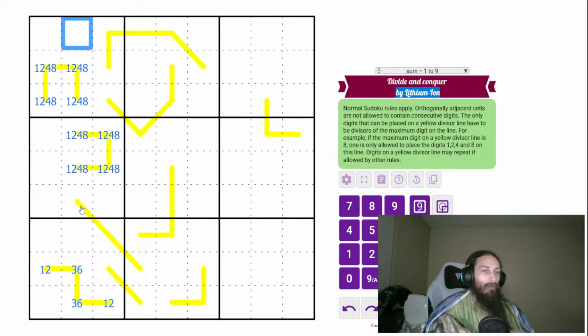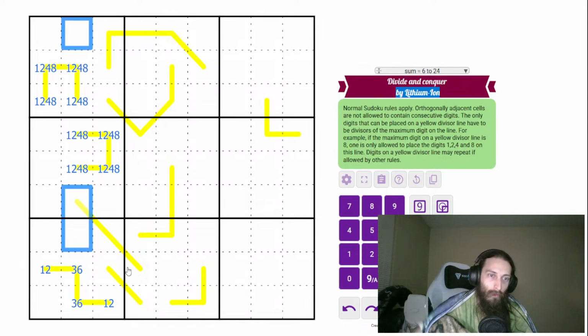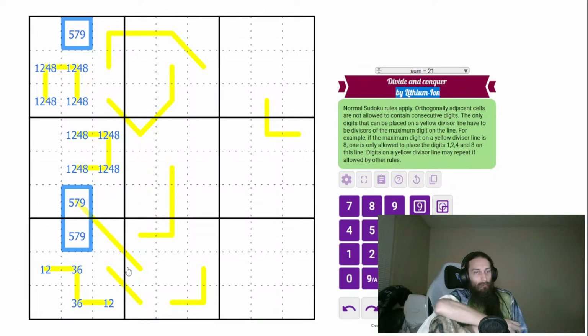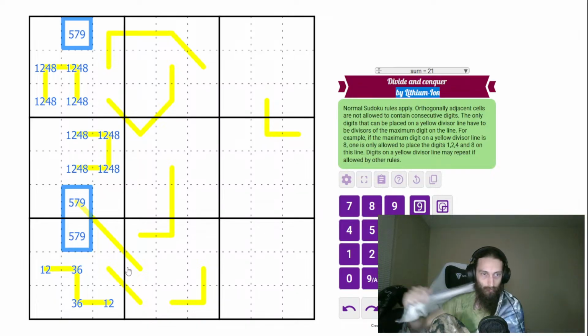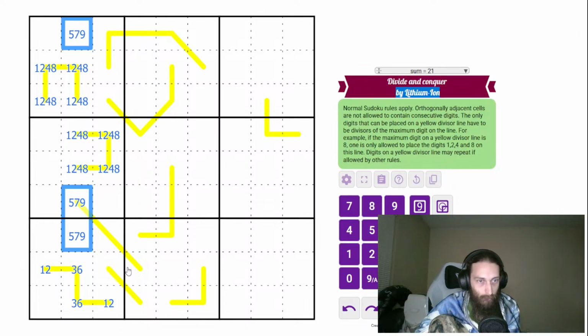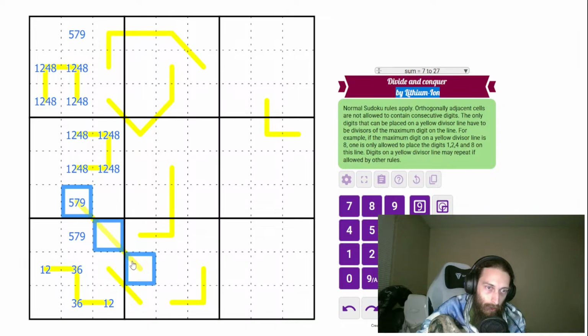So then what's left over in this column? 1, 2, 4, 8, 3, 6. Probably the fact that these could be prime 5, 7, or 9 going down. Yep, that's probably where it came from.